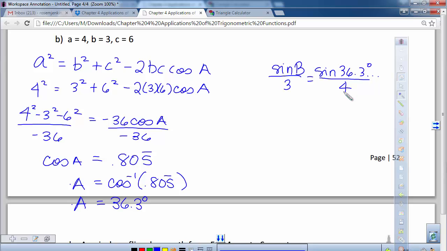Okay, or we get sine B equals 3 sine 36.3 degrees all over 4.